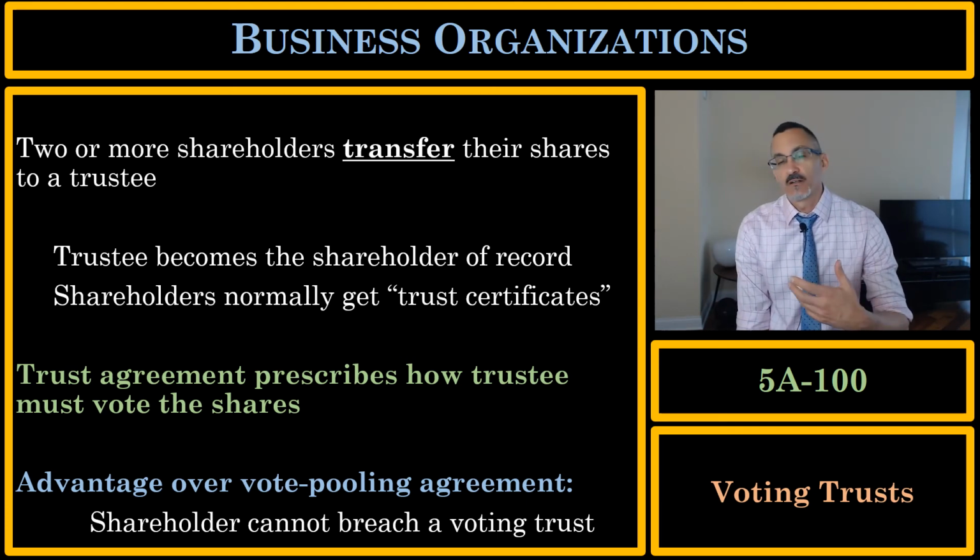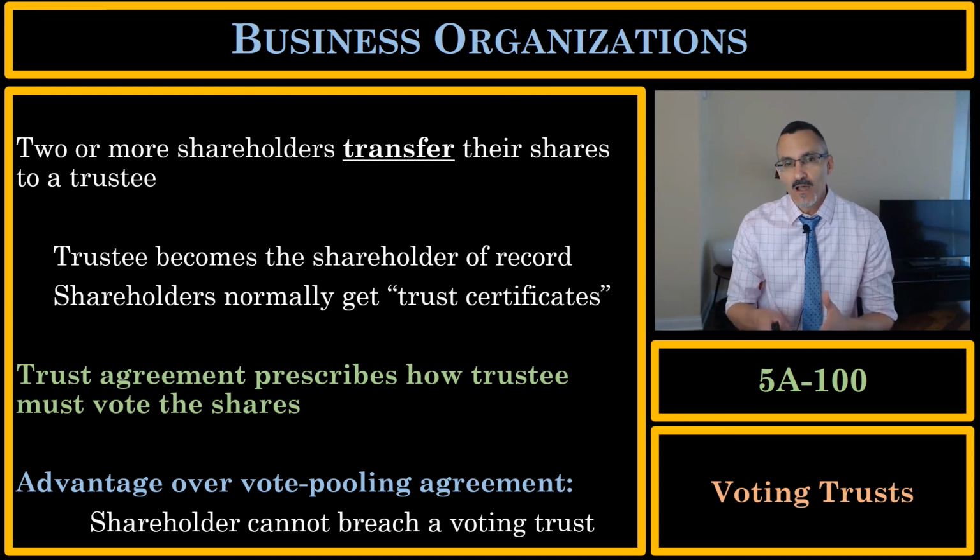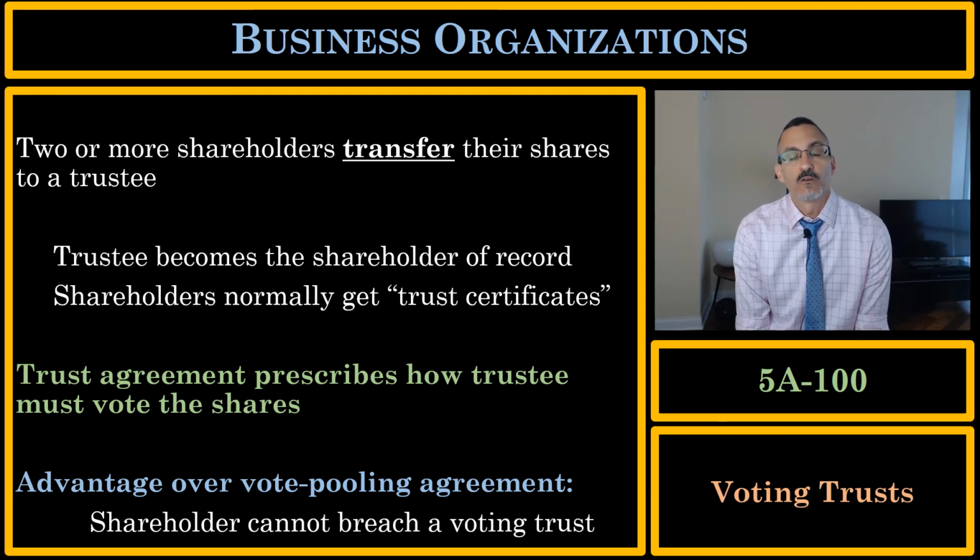So if we're talking about a shareholders vote pooling agreement and I agree to vote my shares in a certain way, and then at the time that I vote my shares, I decide, you know what, I'm going to breach our vote pooling agreement, there's nothing you can do about it. You can take me to court, but at this moment, at the shareholders meeting, there is nothing you can do about it if I want to vote my shares in contravention of our vote pooling agreement.